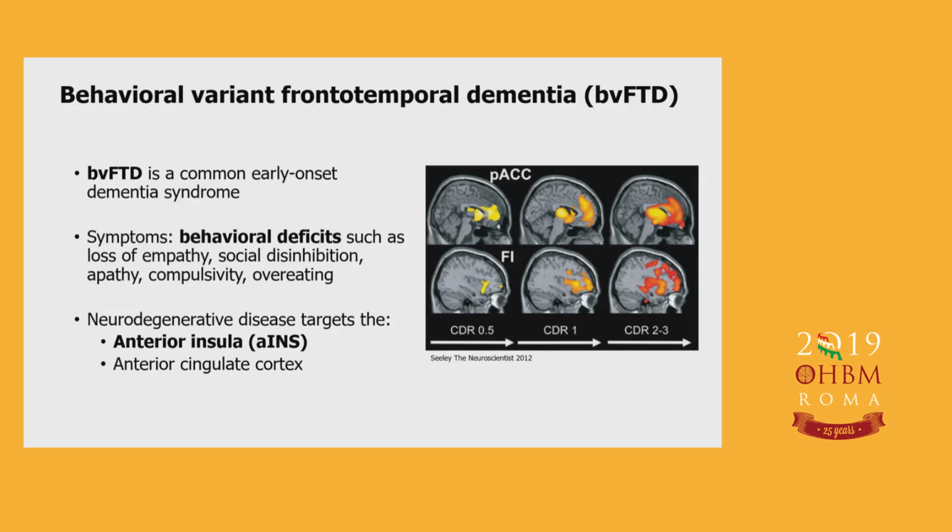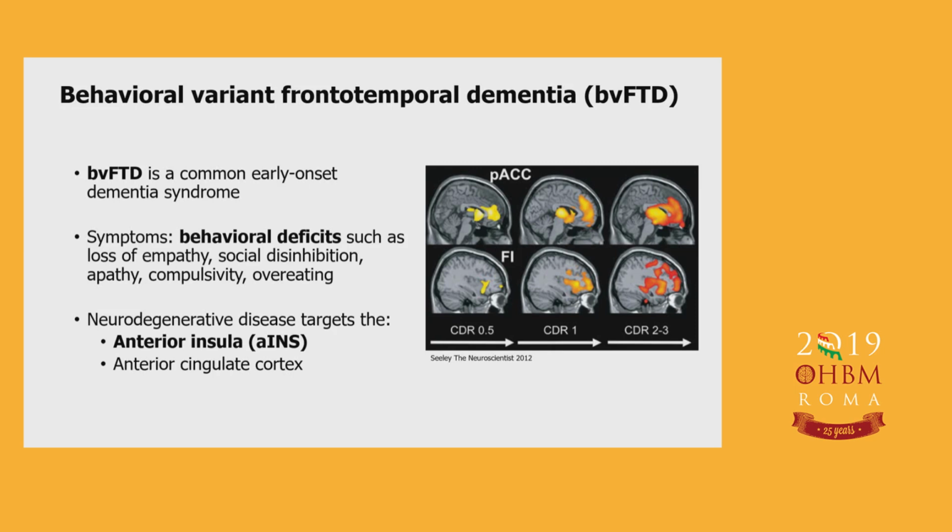The symptoms that these patients develop are quite dramatic behavioral deficits, where they show, for example, loss of empathy, social disinhibition, apathy, compulsivity, and overeating. What is very often found in these patients is atrophy of particularly the frontoinsular region, what I call here the anterior insula, and also of the anterior cingulate cortex.